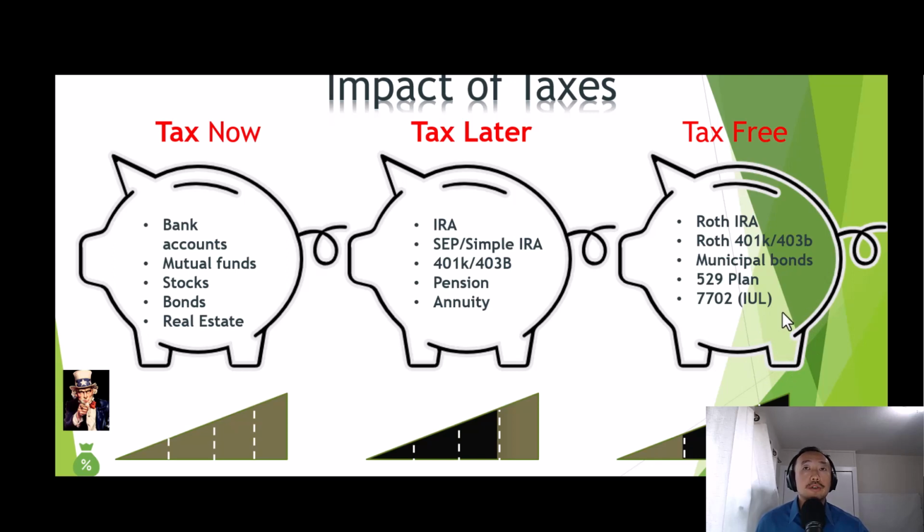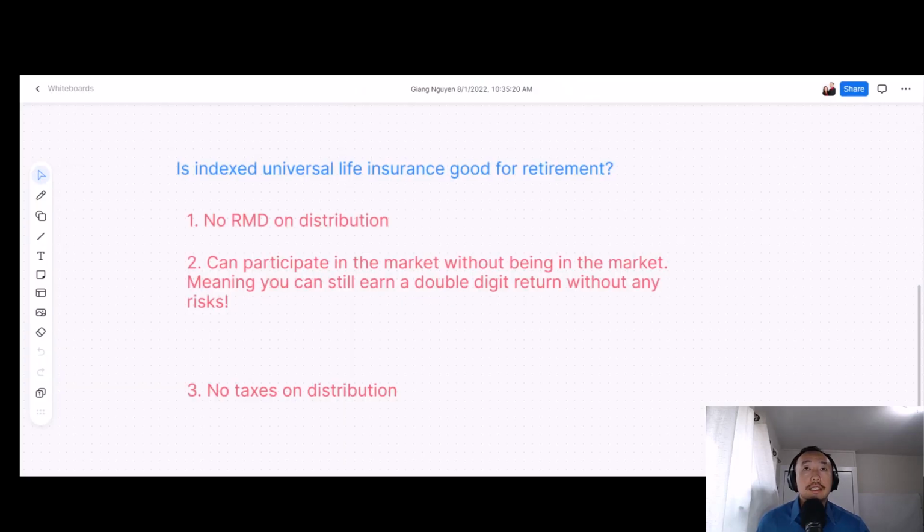The next frequently asked question I want to answer is, is index universal life insurance good for retirement? I think it is a great tool for retirement because of the following 3 reasons. Number 1, there's no RMD on your money because Uncle Sam already got his cut when you put your money in.